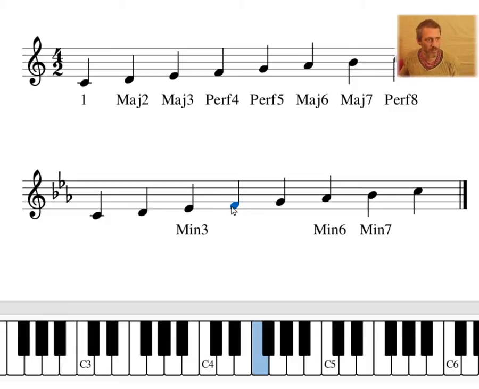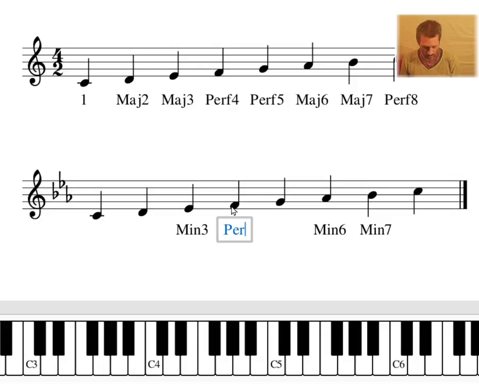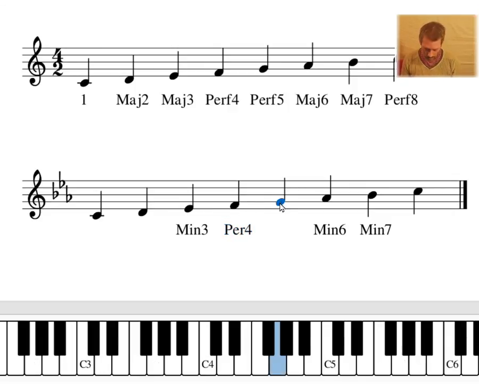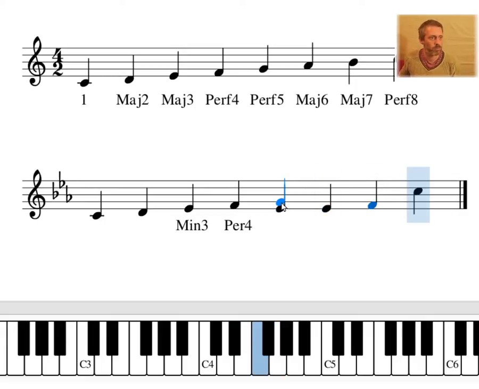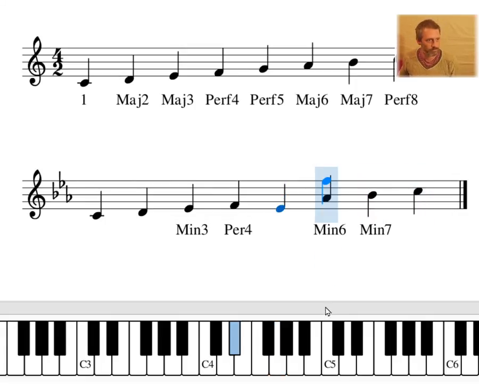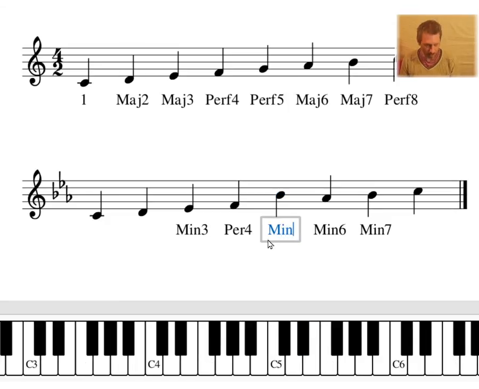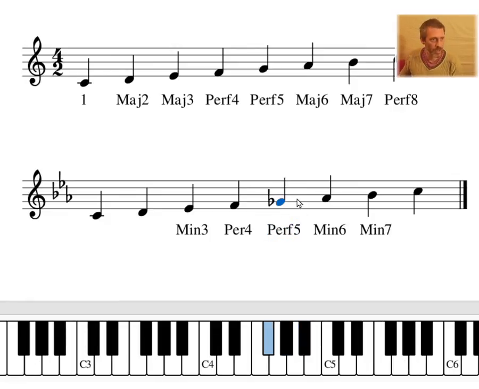So that's still a perfect fourth, and this is still a perfect... No, sorry. This is going to be a perfect fifth. And should be a G.